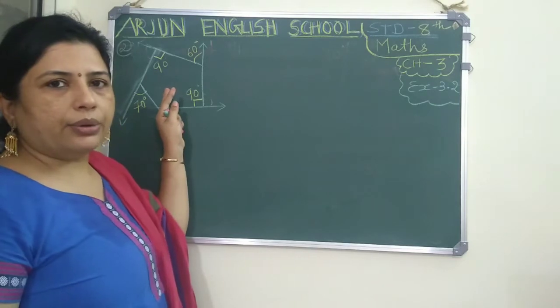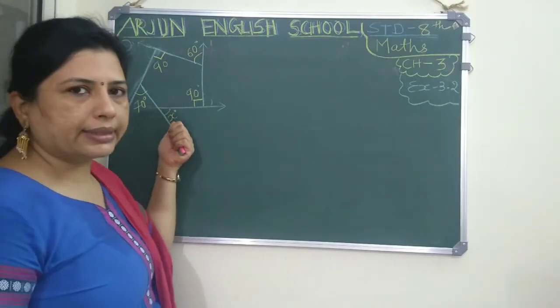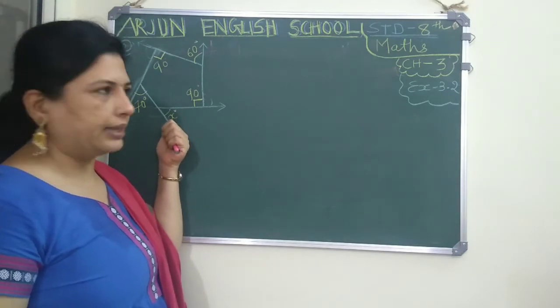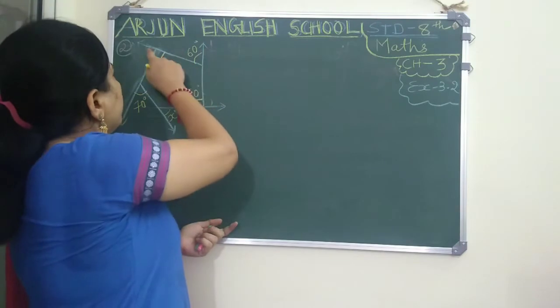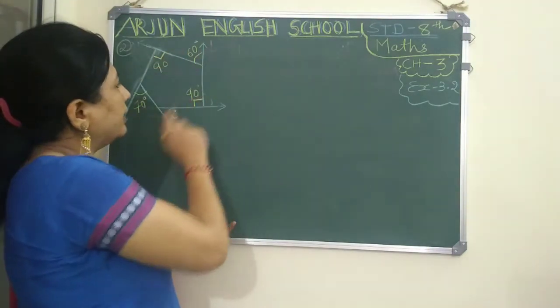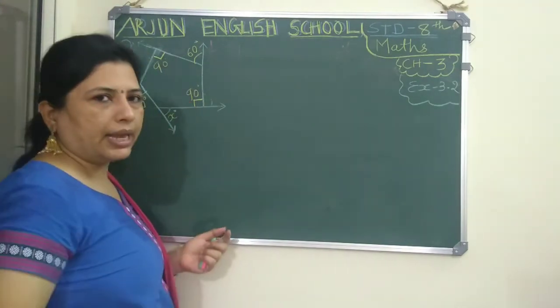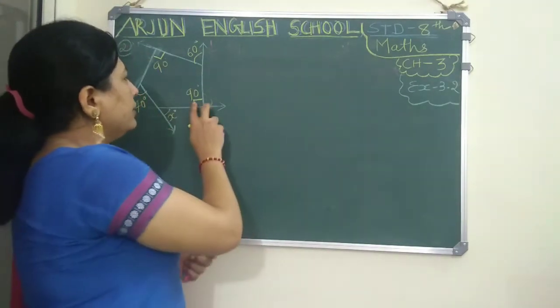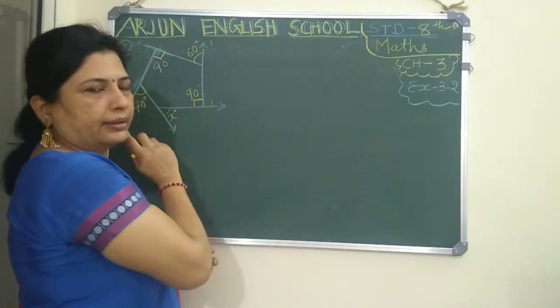Here also we have one figure and we have to find out x, the exterior angle x. For that we need the measures of all the exterior angles. But we do not have this angle and this angle here. But you can see that here one symbol is there.